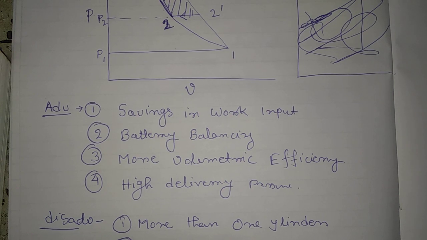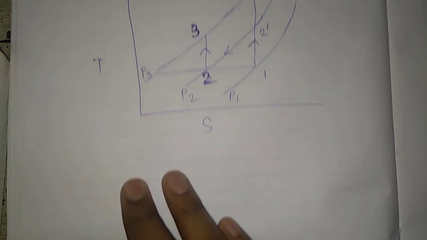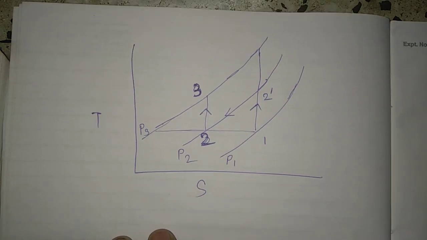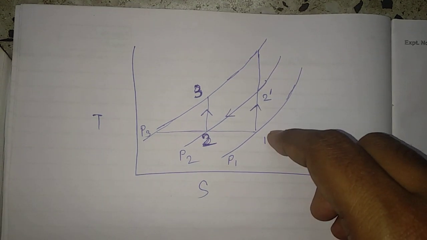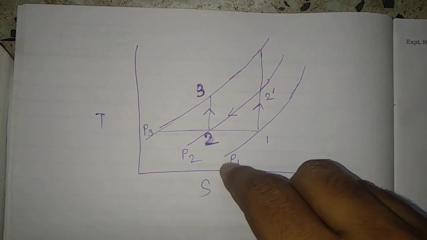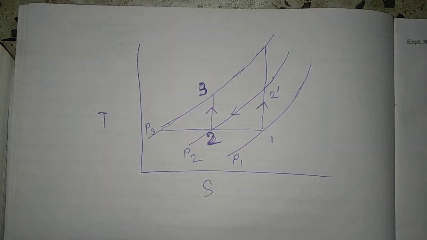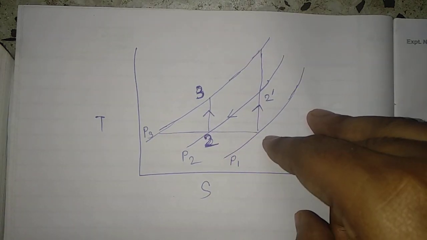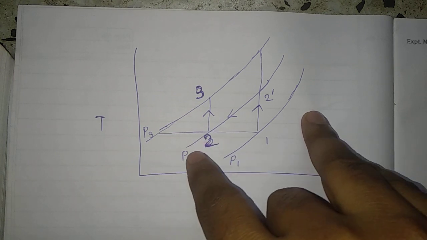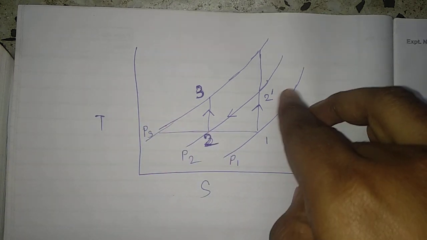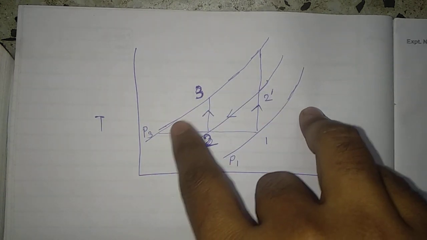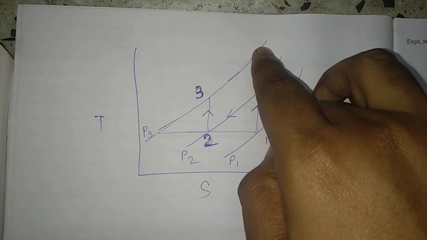Now let us see the TS diagram corresponding to the PV diagram. This is a TS diagram of the multistage compression process, in which there are 3 pressure lines. This is your initial pressure, this is your intermediate pressure, and this is your delivery pressure that you can reach after the multistage compression process.